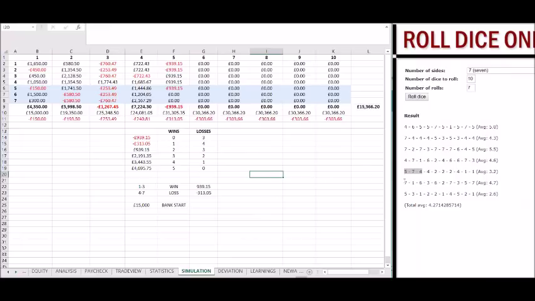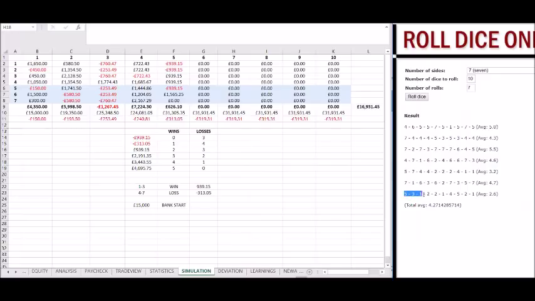And Saturday we had 2 wins, which is 939.15. Then we've hit another win here, which is another 939.15, and then we've hit a loss, take away £313.05. So on Saturday our profit is this.